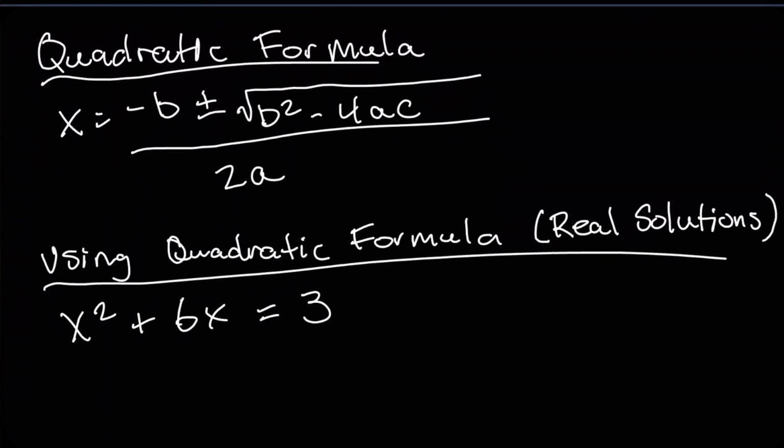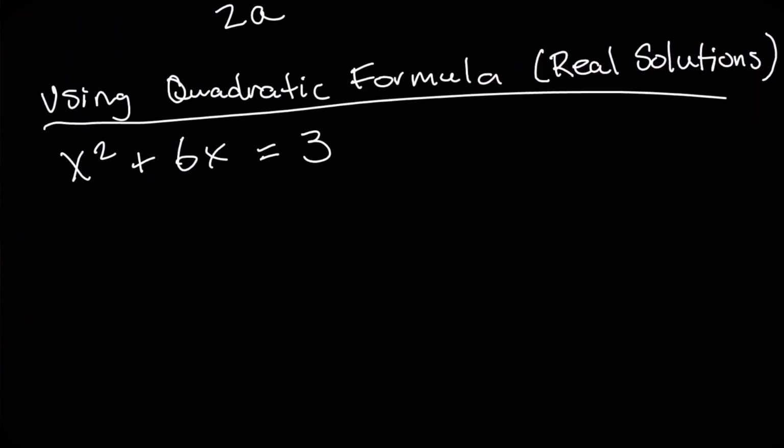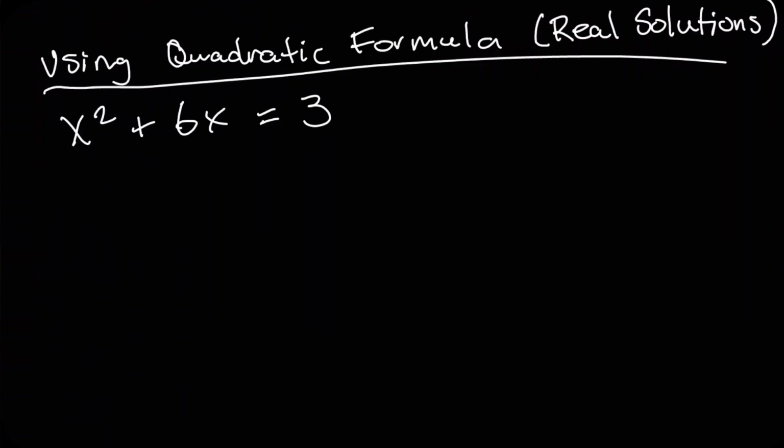Okay, looking at our quadratic formula, x is equal to negative b plus or minus the square root of b squared minus 4ac, all divided by 2a. This comes in really handy when we want to solve some equations. So let's use our quadratic formula when we have real solutions. So we have x squared plus 6x is equal to 3.